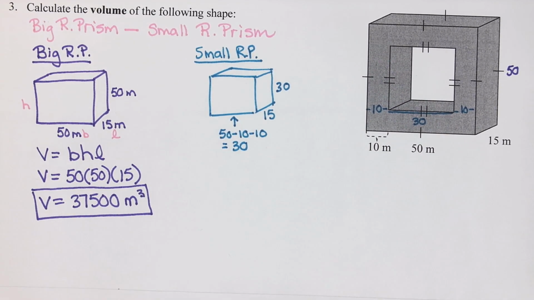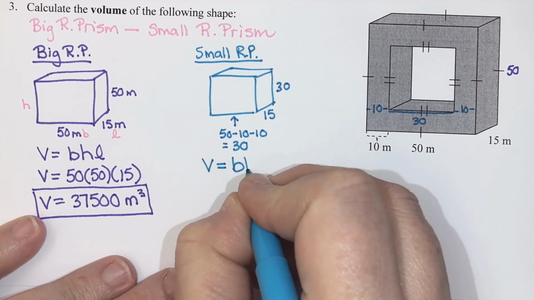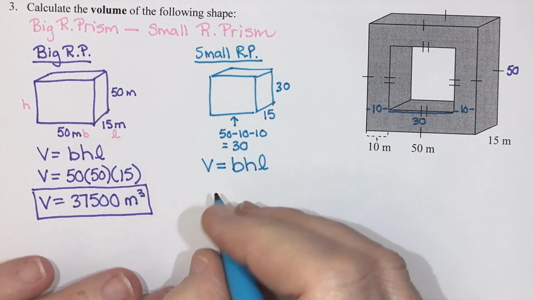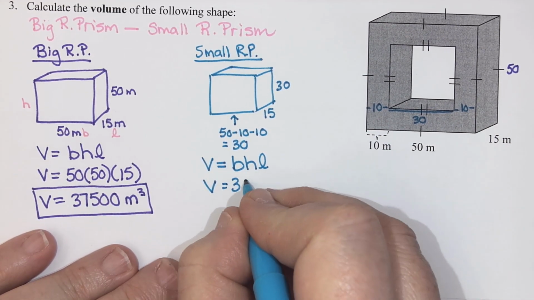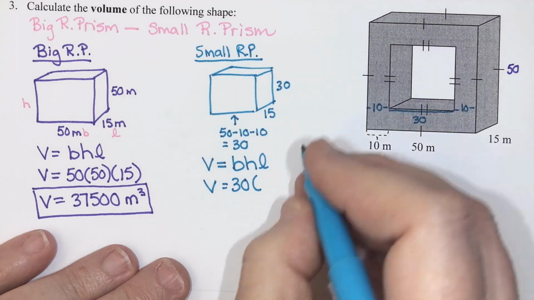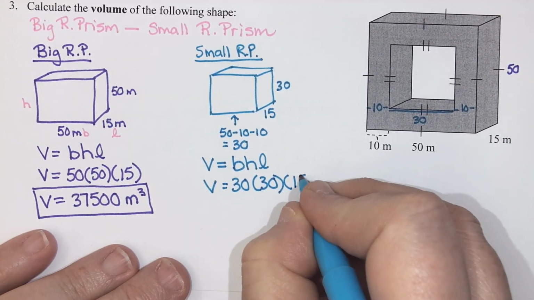Okay, so volume is still a rectangular prism, so it is base times height times length. My base is 30. My height is 30. And our length is 15.